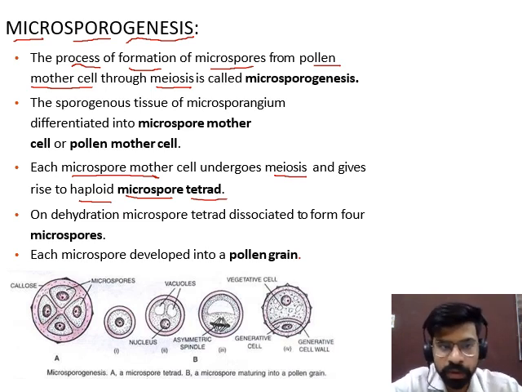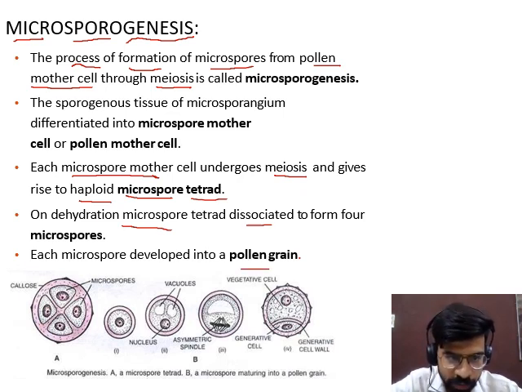Now the microspore tetrad dissociates. Dissociate means break down. So the microspore tetrad dissociates to form 4 microspores, and each microspore develops into a pollen grain. In the figure given below, these are the 4 microspores. I am underlining this one.